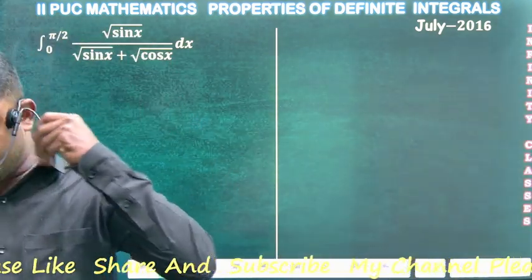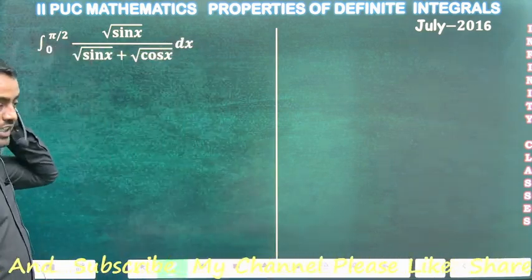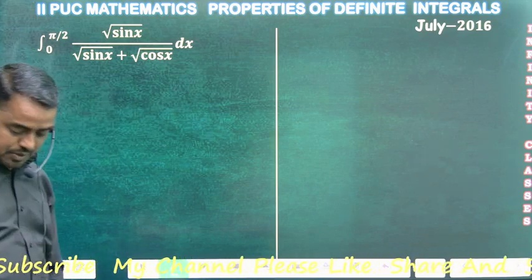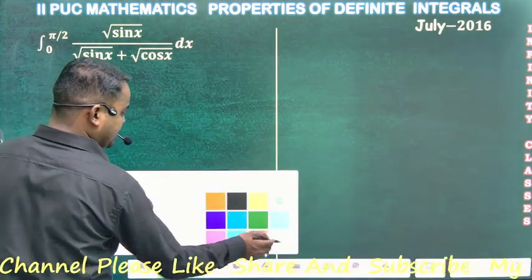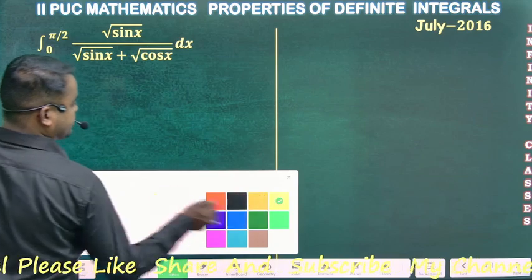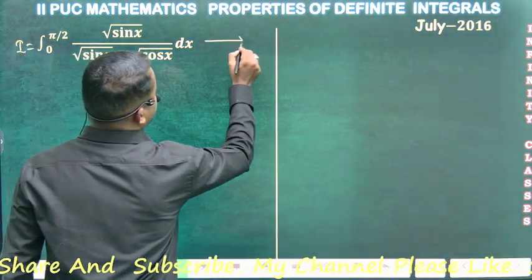Yes, write the next second problem that has been asked in the year July 2016, and this property we have already proved. So let us solve the problem now. That is I is equal to, that is equation 1.